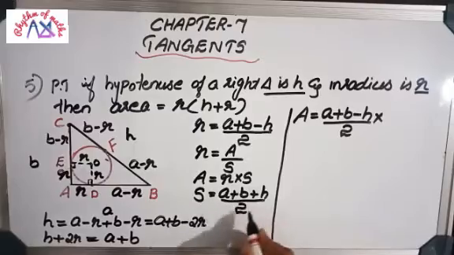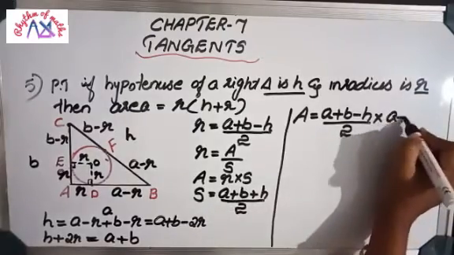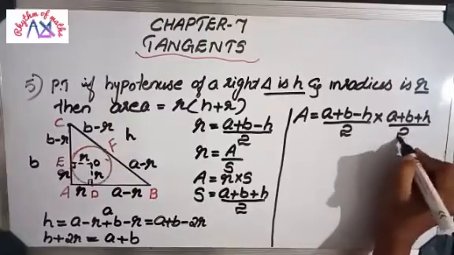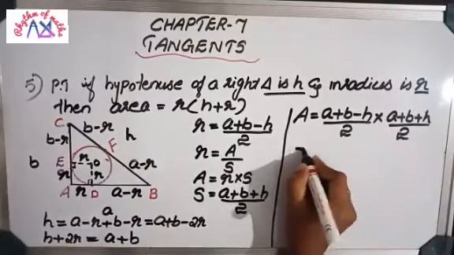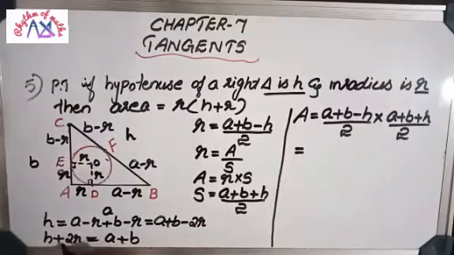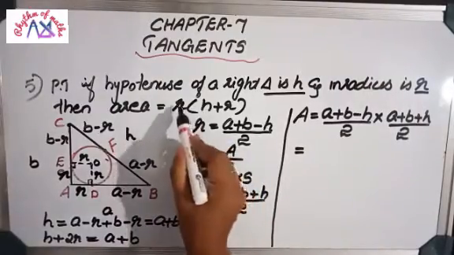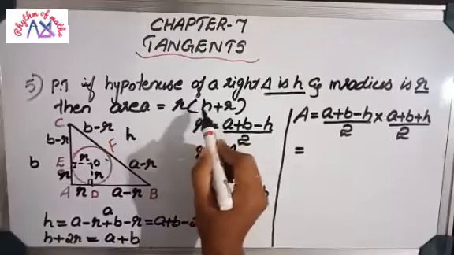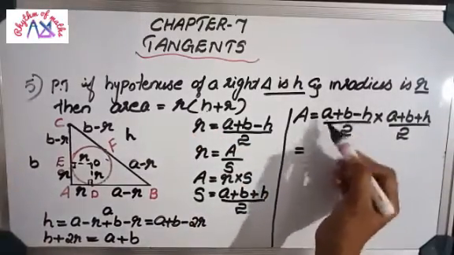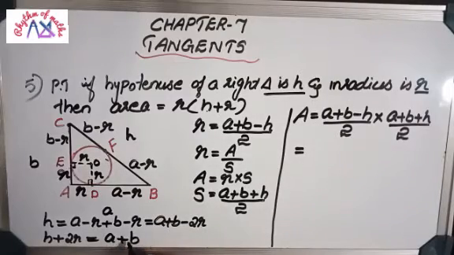Semi perimeter also we have, that is A plus B plus H by 2. Now instead of this A plus B we can write H plus 2R, because we have to prove in terms of R and H. We need H, we don't want A and B, that's why we are going to remove this. So instead of A plus B we can write H plus 2R.